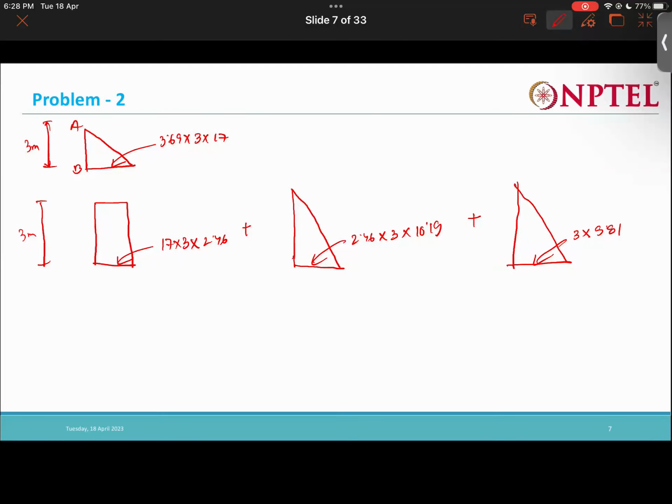But the upper pressure, this 3.69 one, the pressure from the rectangle portion, this pressure into, again this phi value will be there. Means 3.69 into 3 into 17 into 2.46.